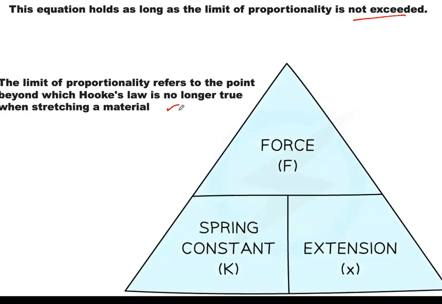Okay, now we can represent Hooke's law with the equation or formula diagram. What this means is that if we know any two, we can find the other. If we know the force and extension, we can find what? The spring constant. Similarly, if we know force and spring constant, we can find the extension.